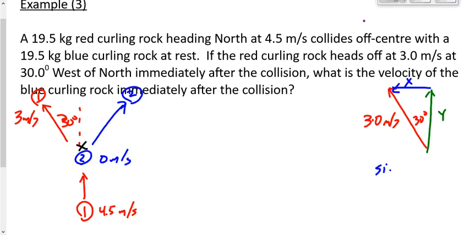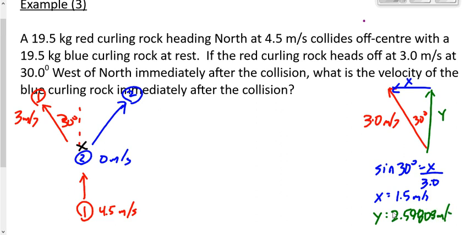Yeah, because it's the opposite side, right? Sine 30 degrees is equal to X over 3. And then the y component would be cosine, which gives me, box it off because that's what we do.